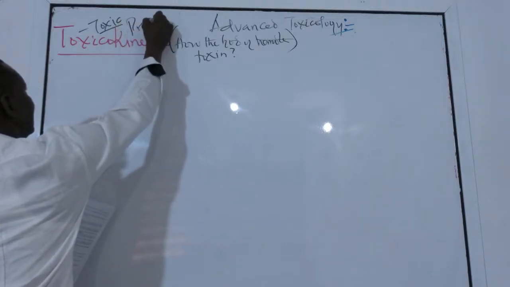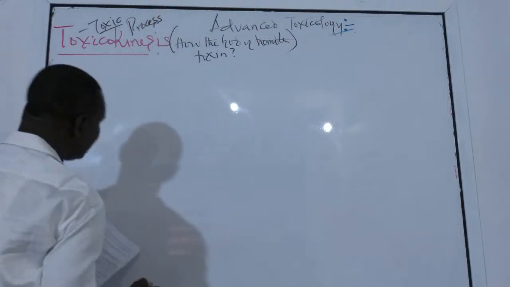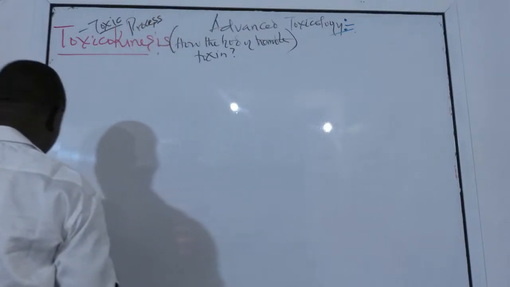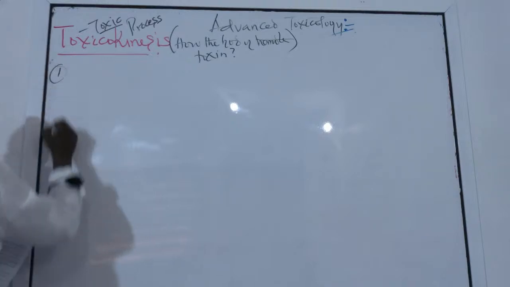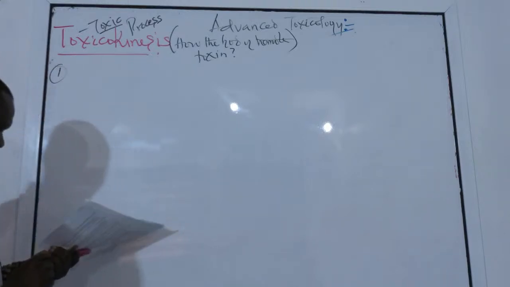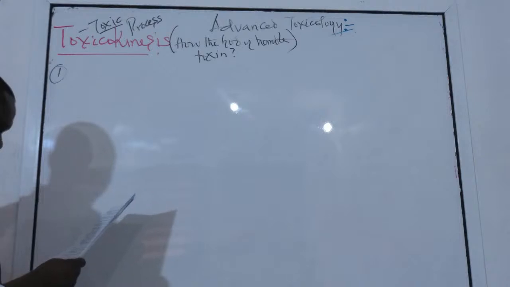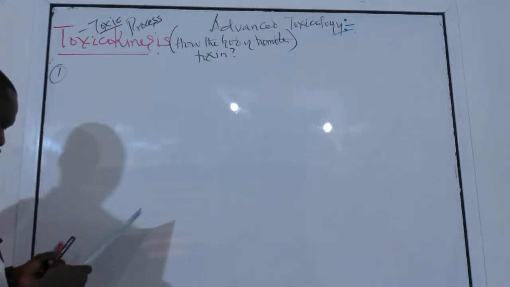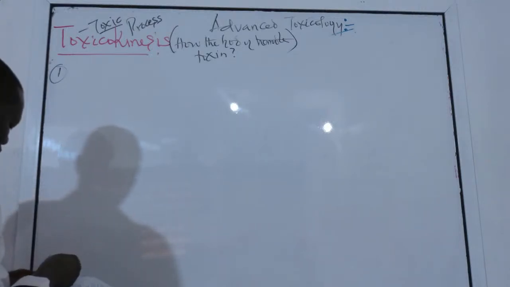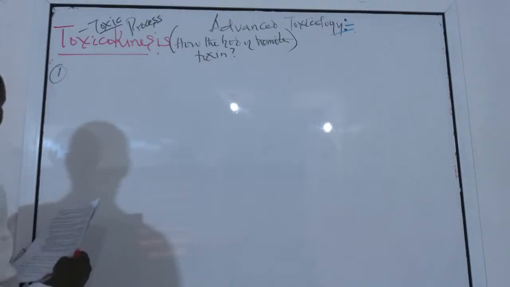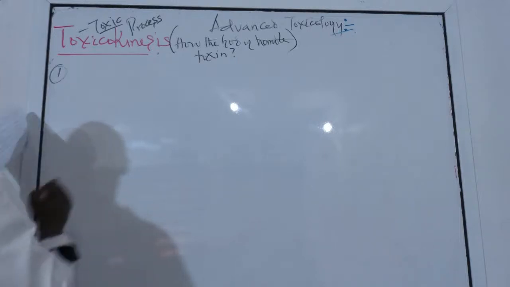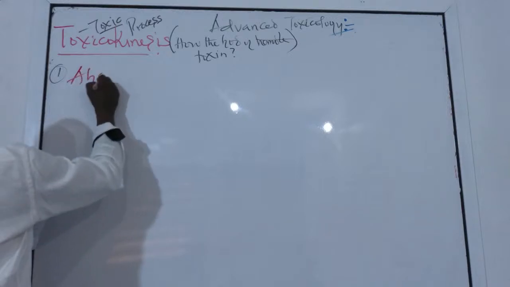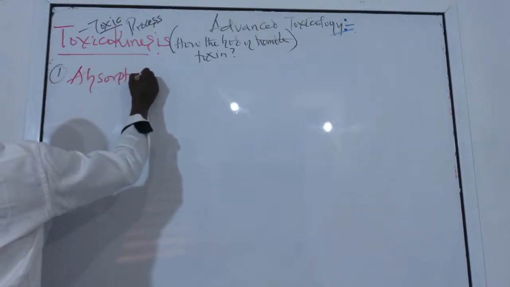What are the processing stages that will be involved? So the first process is for the toxin to get into the body, and that is called absorption. The first stage is absorption.